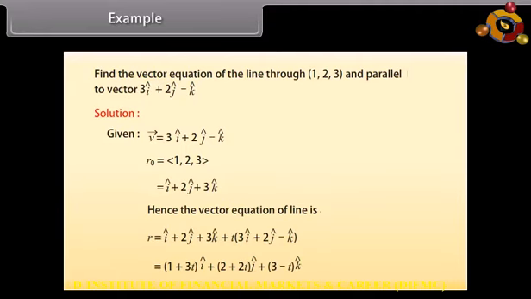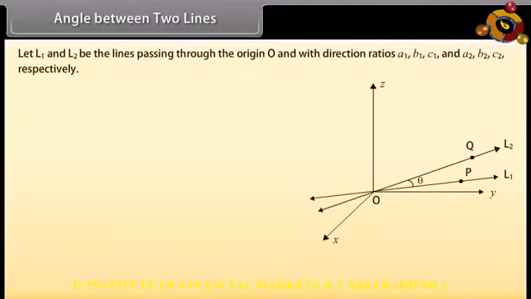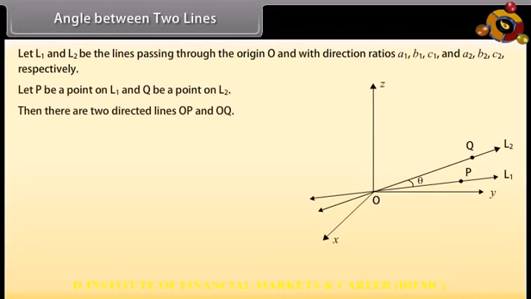Angle between two lines. Let L1 and L2 be the lines passing through the origin O with direction ratios A1, B1, C1 and A2, B2, C2 respectively. Let P be a point on L1 and Q be a point on L2. Then there are two directed lines, OP and OQ.